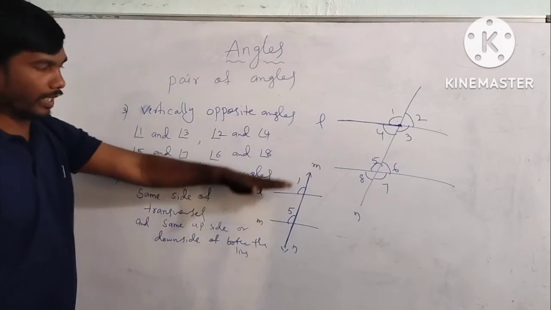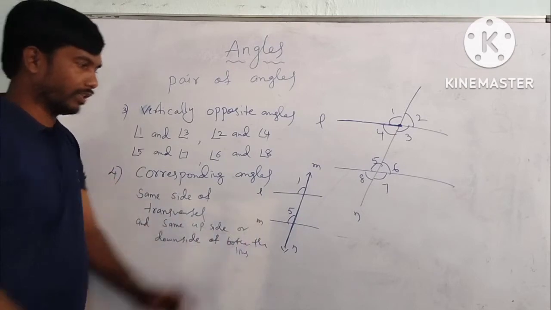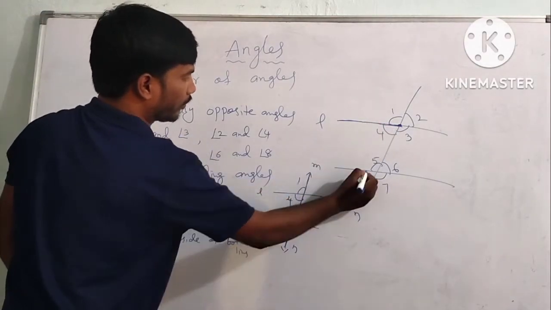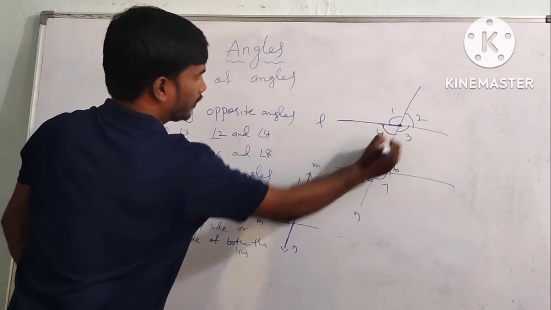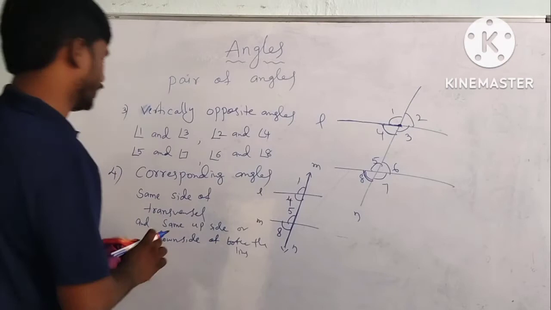So both the lines are either upside or downside. So 1 and 5 upside. Now coming to 4 and 8. Here 4 is downside, 8 is downside. 4 and 8, so corresponding angles.